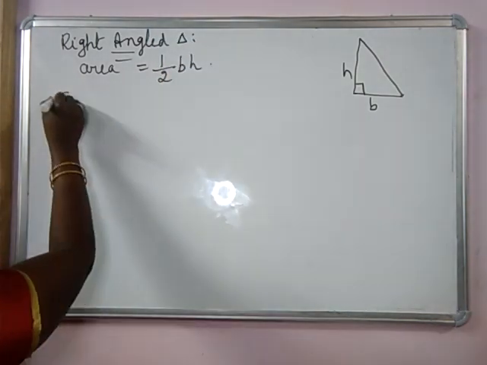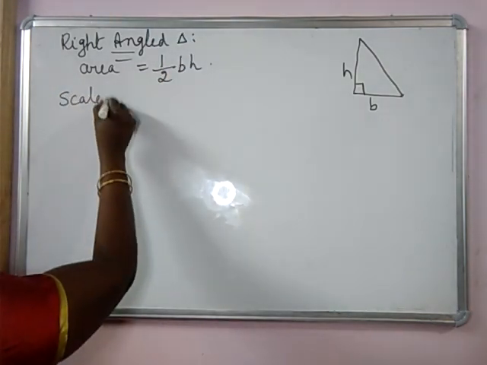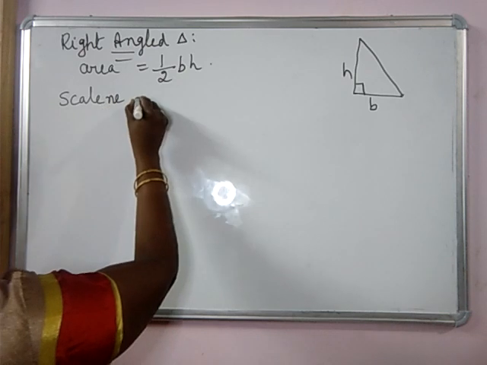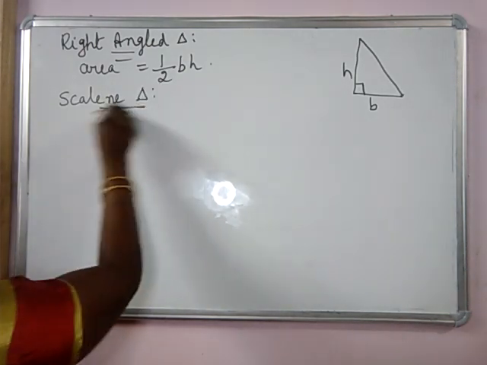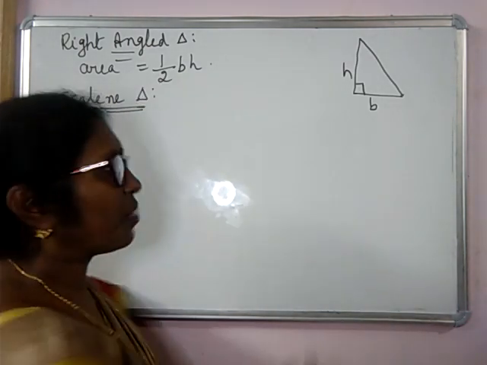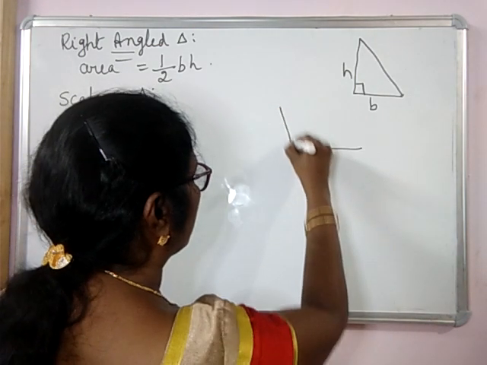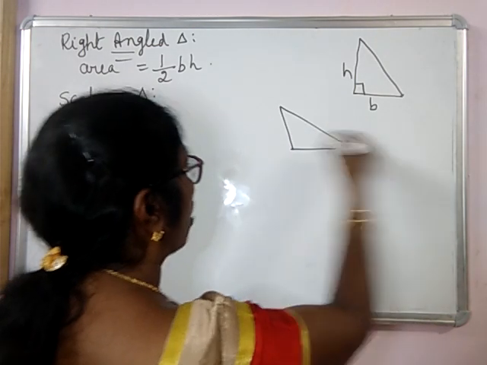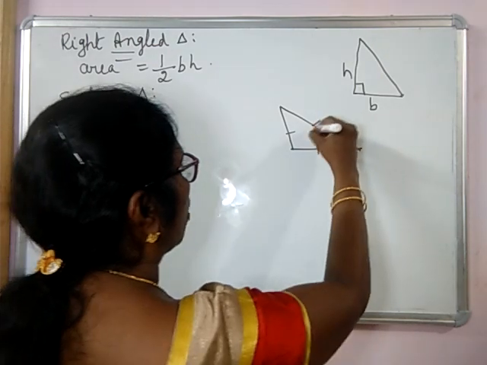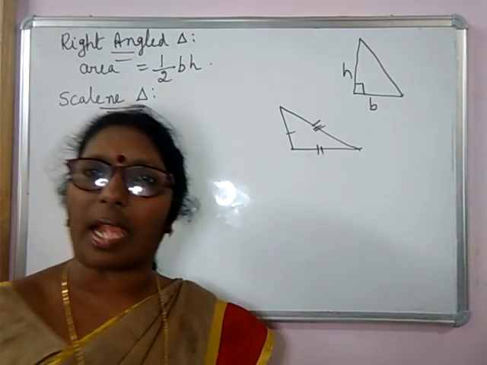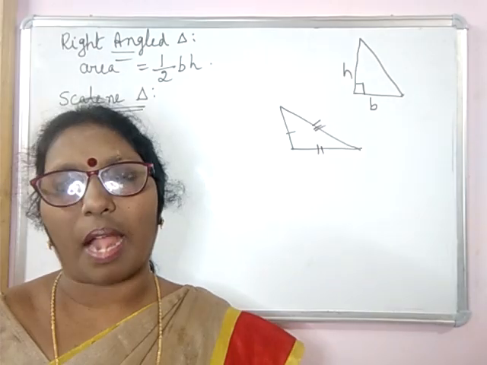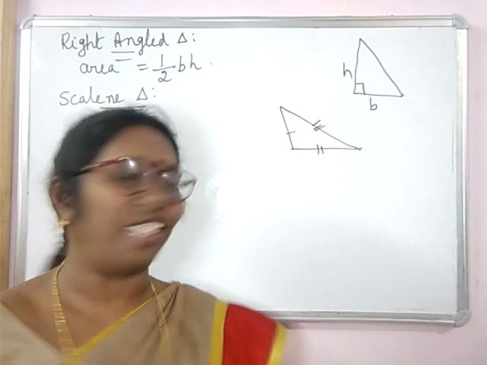So area of a right angled triangle is half base into height. Now, let me explain the formula for finding the area of a scalene triangle. You know that a scalene triangle is a triangle in which all the sides are not equal. Thus, if the sides of a triangle are not equal, the triangle is said to be a scalene triangle.